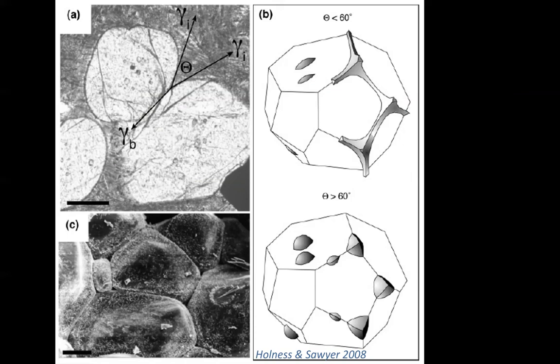And Hunter in 1987 was the first to start talking about how the nature of the melt on these crystals depends on the shape.